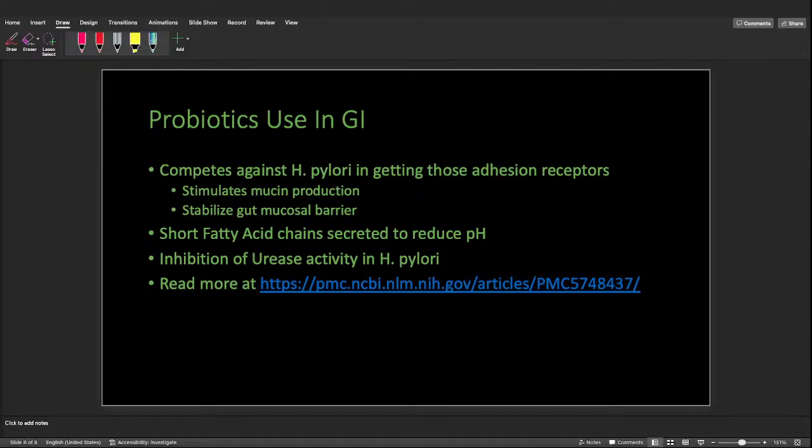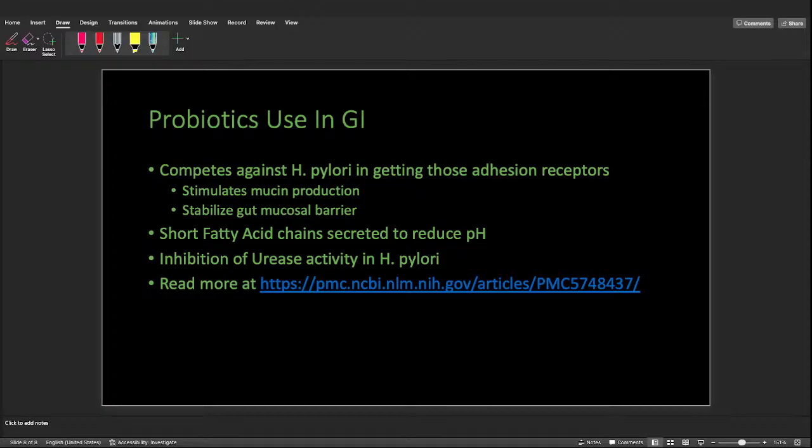It can stimulate mucin production, and also strengthen the mucosal barrier of the gut. And it also releases short chain fatty acids. So it makes the outer part more acidic, so the bacterial infection caused by H. pylori is going to have reduced effectiveness from infecting the area.